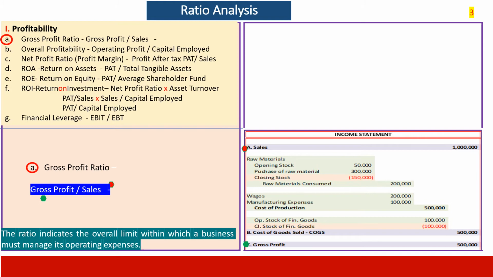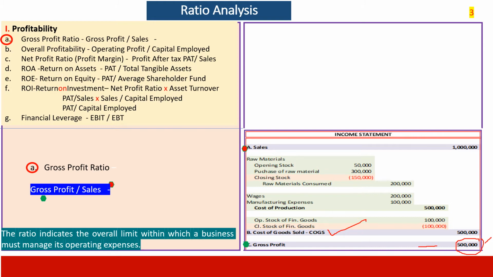What does this mean? Gross profit is the funds which the company realizes after meeting its cost of goods sold. Out of this, the company has to meet its administrative expenses, its marketing expenses, its interest, and it should generate profit.